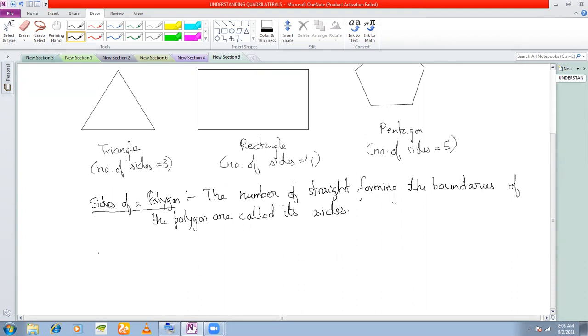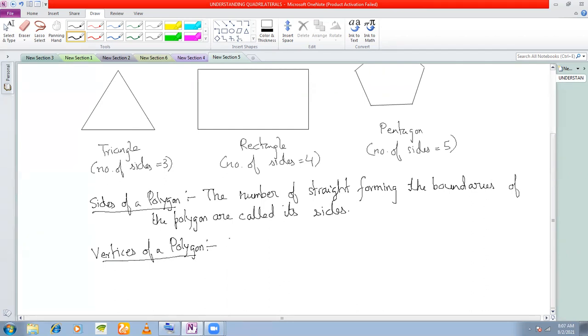Next, we define what is called the vertices of a polygon. What do you mean by vertices?